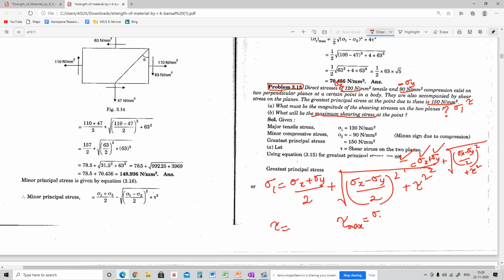Either you can find sigma 1 minus sigma 2 by 2, but then you have to find sigma 2 also. Instead you can simply use another formula, root over sigma x minus sigma y by 2 whole square plus tau square. Both are the same. Either formula you can use and find the answer.